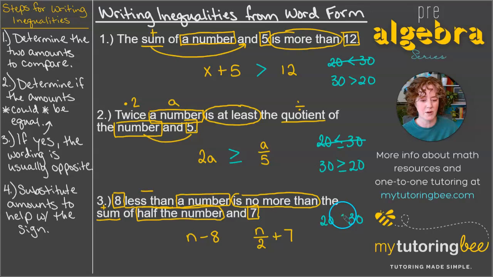Again, 20 and 30. I am not using 20 and 30 because they have anything to do with this. I just want to see which symbol to use. So 20 is no more than 30. That's true. 30 is no more than 20. Well, that's definitely not true. So I know that I'm going to be using the less than or equal to symbol for this one.